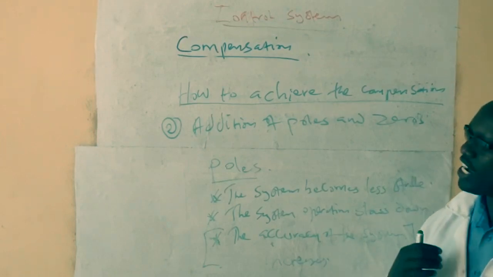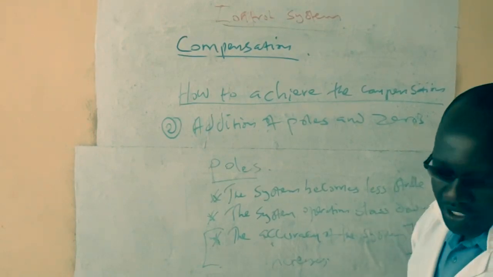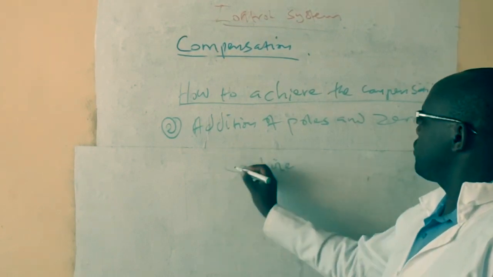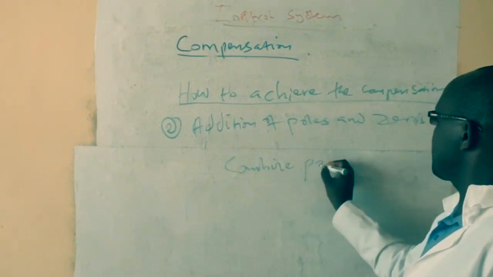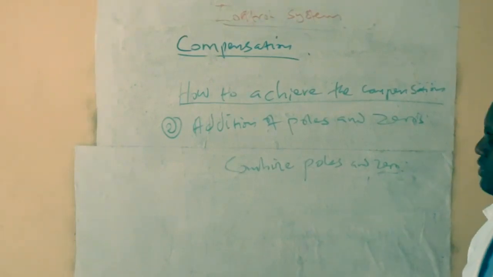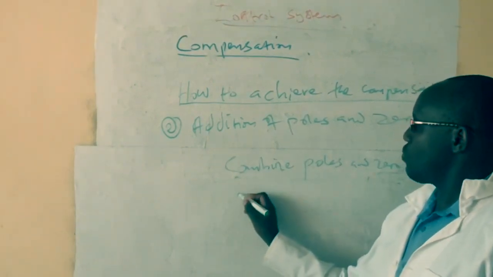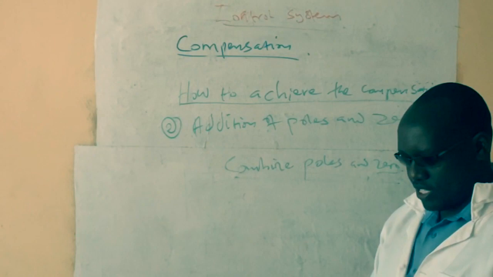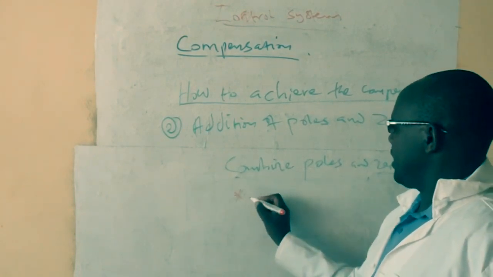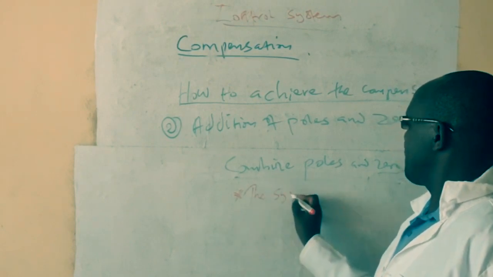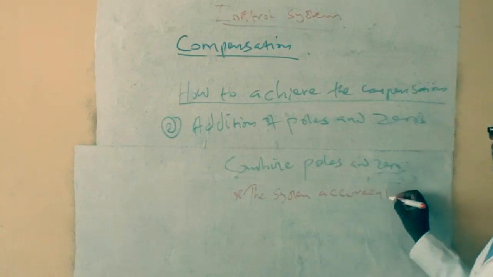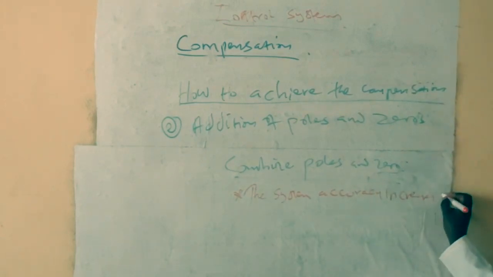So for us now to achieve this, you need to combine the balls and zeros. From the balls, we pick the positive, and one of the positive things about the ball is that the system accuracy increases.